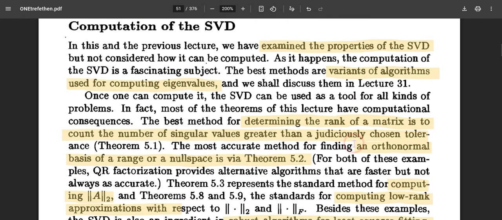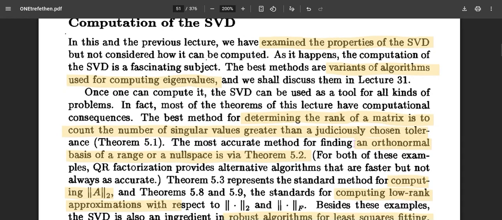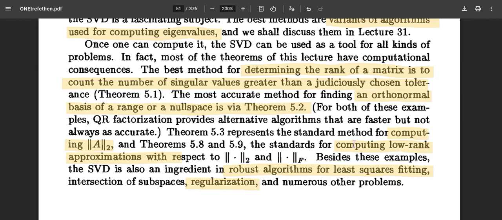So what we have summarized here in 5.1 is that there are so many SVD applications. One is it helps us to identify the rank of the matrix. Then it helps us to identify the 2 norm and Frobenius norm, and it also helps us to identify the determinant of the matrix.